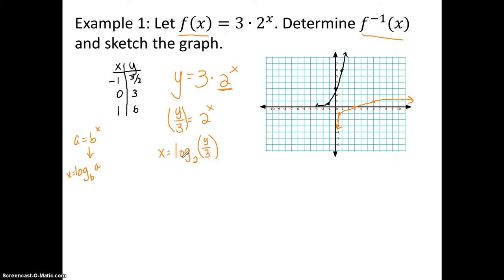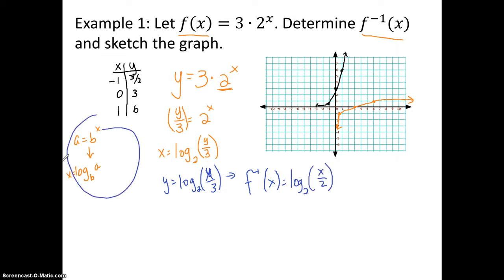And now I'm going to switch the x and the y, and I'm going to come up with my final answer for my inverse. So f inverse of x is equal to log base 2 of x over 3. Okay, so we use our conversion here to find our inverse, and we end up with this graph here.